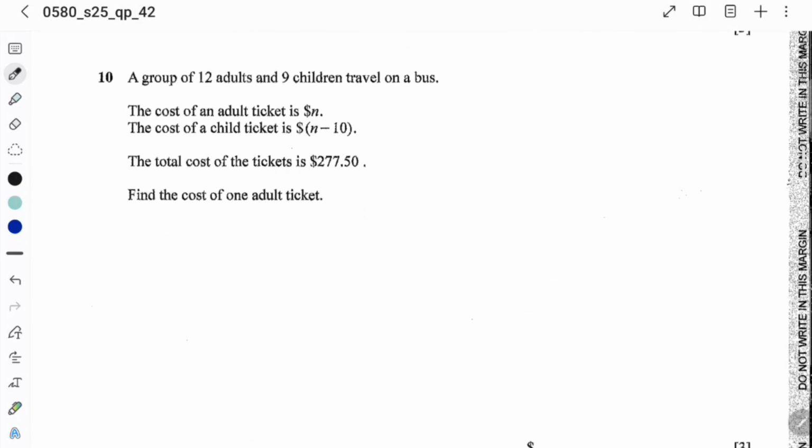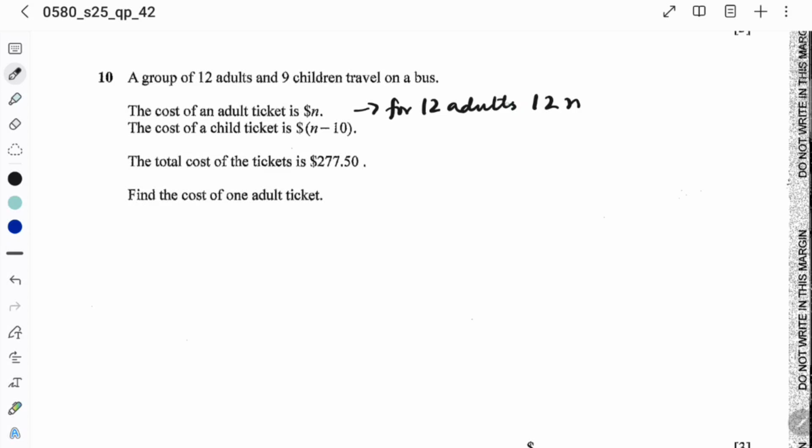Okay, so question number 10. We are at question number 10 now. A group of 12 adults and 9 children travel on a bus. Alright, so the cost of an adult is $n. So for 12 adults, the total cost will become 12n.